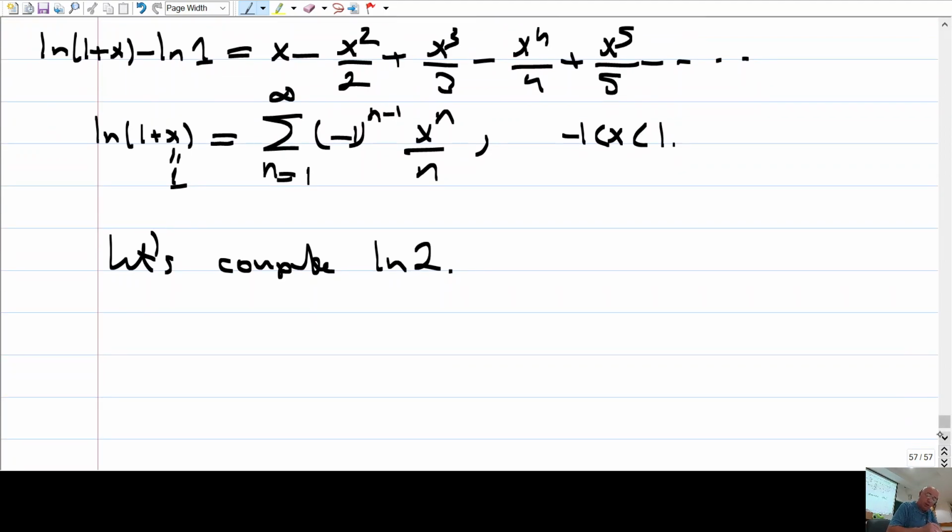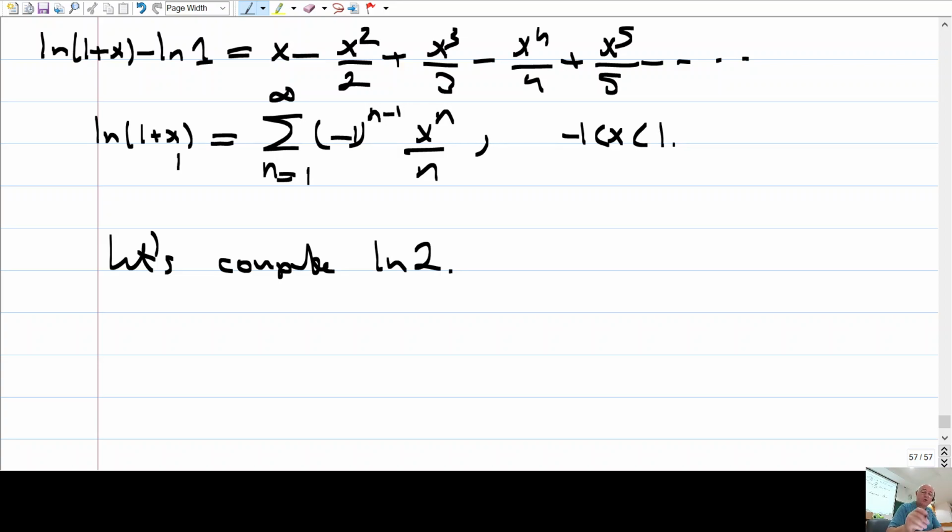Well, I'll do the following. I'll use Abel's theorem. Abel's theorem tells us the following. If I have a power series, it is continuous at all the points where it is convergent. So if this is convergent at x equals 1, then I can plug 1 here and 1 here.